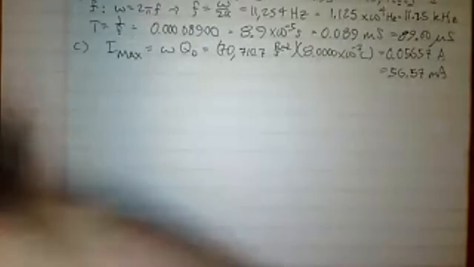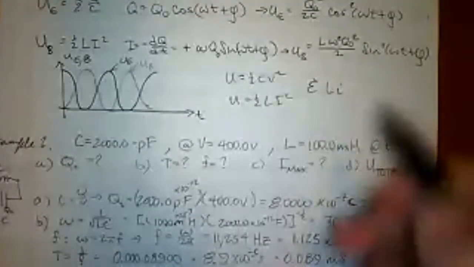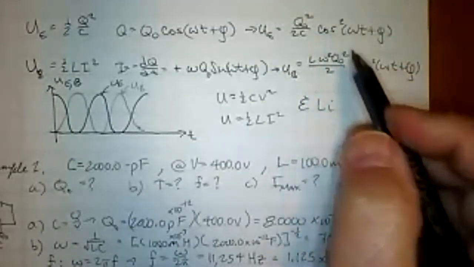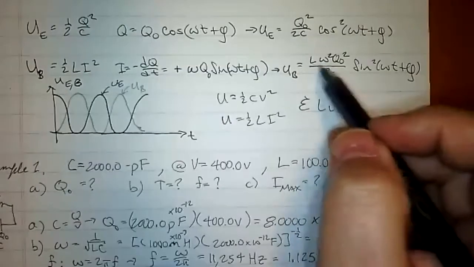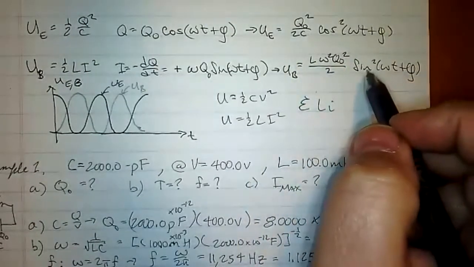Finally, if I want the total energy, well, that's actually pretty straightforward. I could add this, and what you get is, of course, something that relates Q and L and omega and Q and C with sine squared and cosine squared.